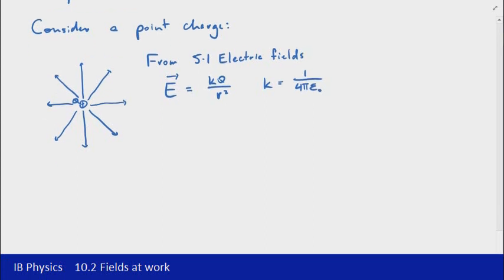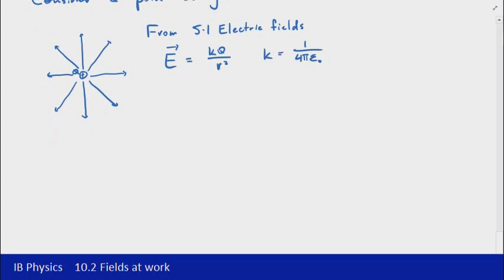Now, if we were to graph the electric field strength versus the distance away from the charge, in this case we're looking at distance from the charge, and the units there would still be in meters, and on the vertical axis we're still going to look at electric field strength.